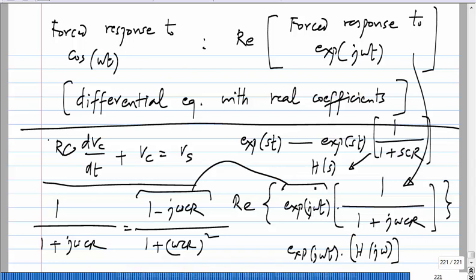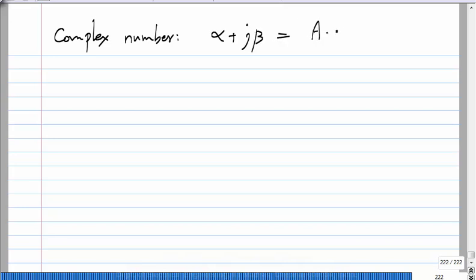What is the polar form of 1 over 1 plus j omega CR? You can have the amplitude and phase, right?